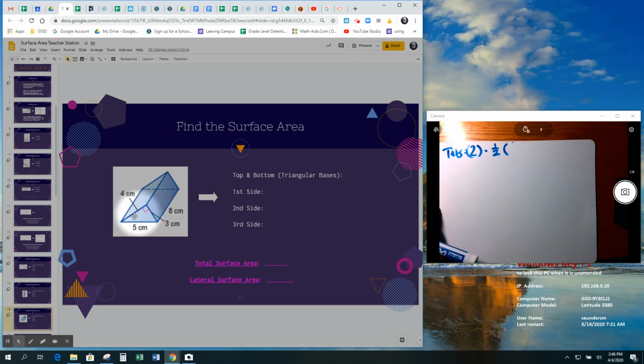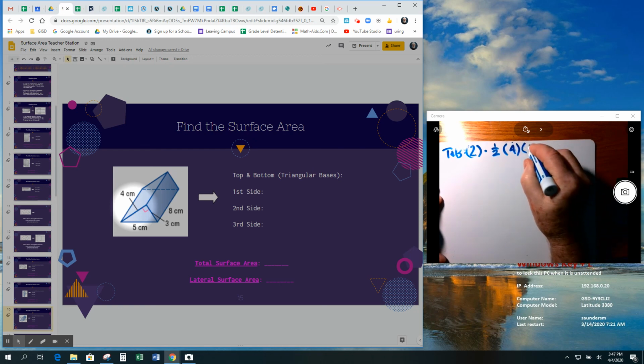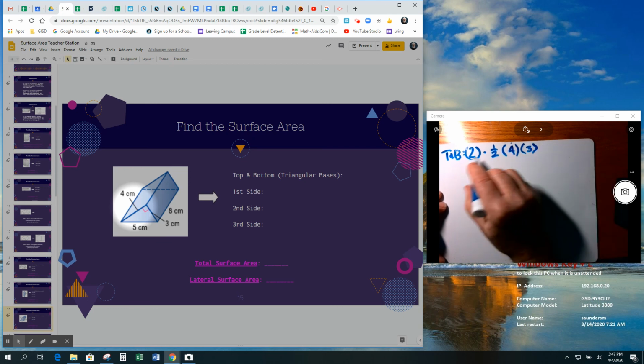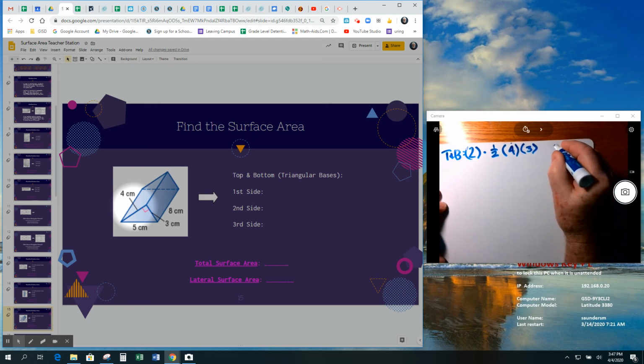Okay, so look carefully. Where is the measurement that's perpendicular to one of the sides? That would be your base and your height. So I'm going to use base is 4 and my height is 3. Okay, so that gives me 2 times 1/2 is 1 times 4 times 3. So that equals 12. And my units are centimeters squared.